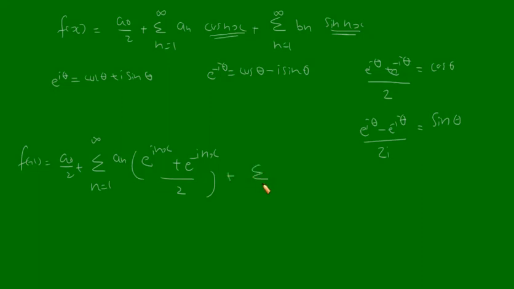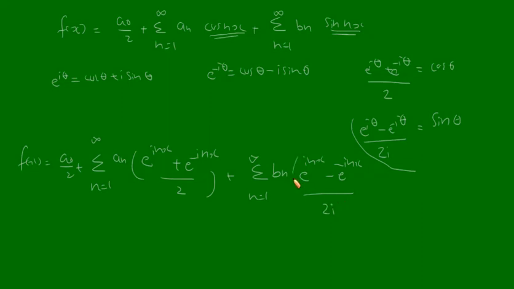plus summation n is equal to 1 to infinity bn into, now what about sin nx? Sin nx will be equal to e raised to inx minus e raised to minus inx by 2i.